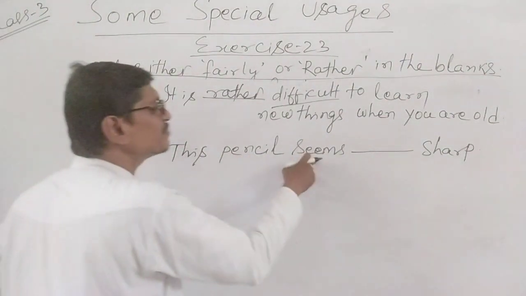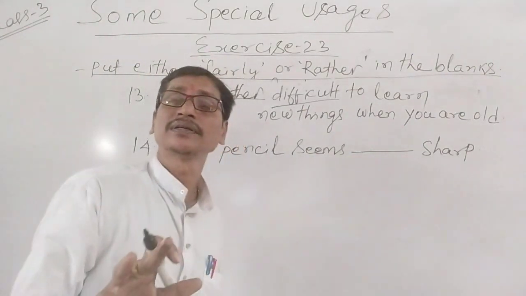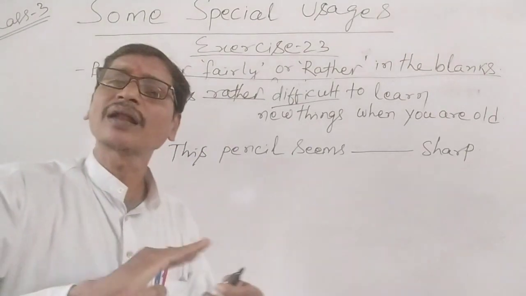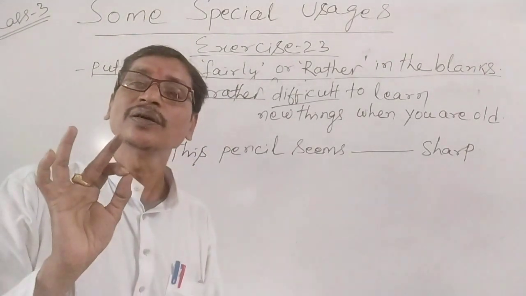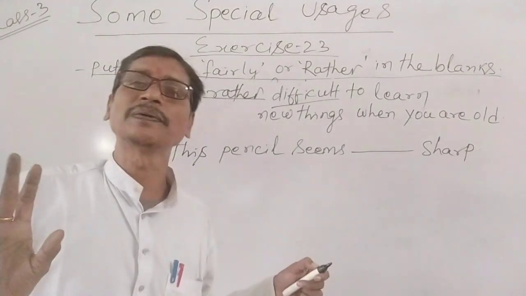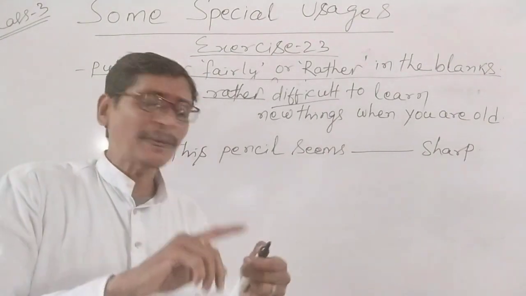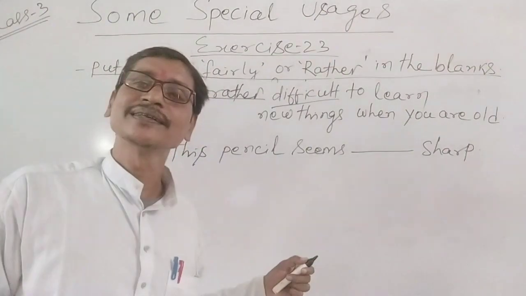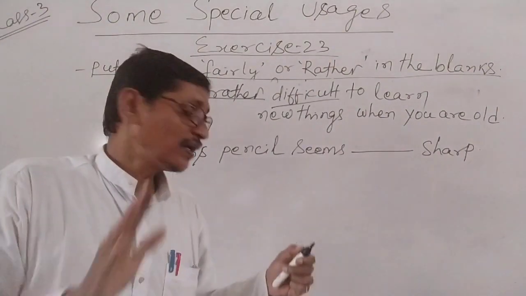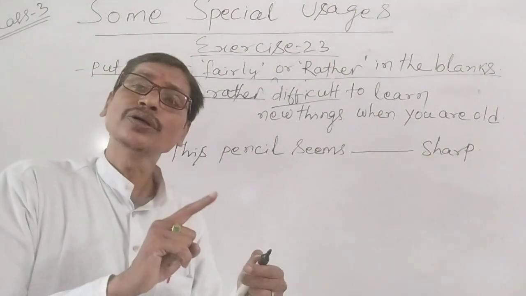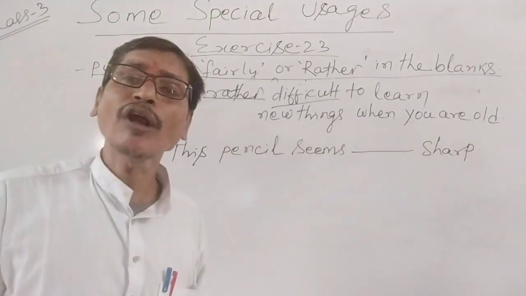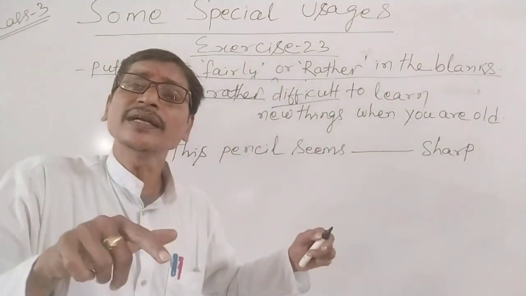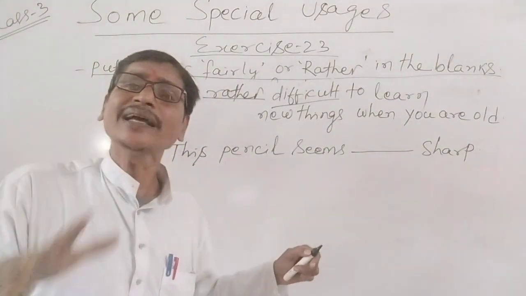This pencil seems dash sharp. Normally what happens? When we use a pencil, we sharpen it so that we can make our drawings beautifully. When our pencil is sharp, it is a pleasant thing. We approve that our pencil should be sharp before drawing, before writing any diagrams, trigonometry diagrams or other diagrams.